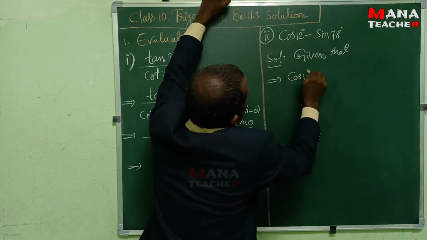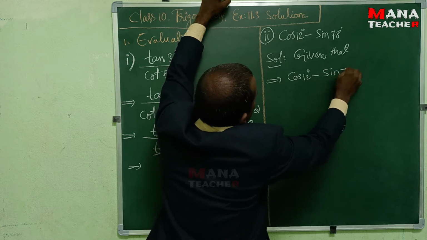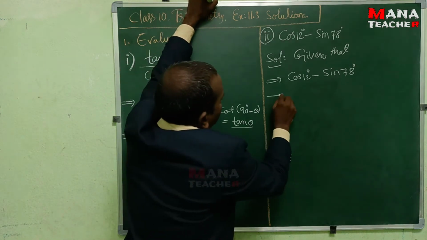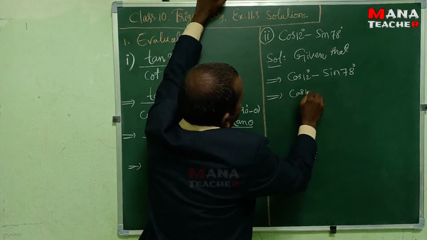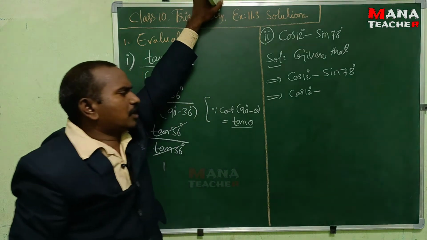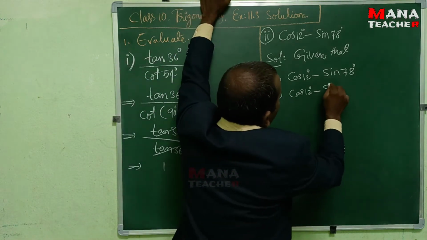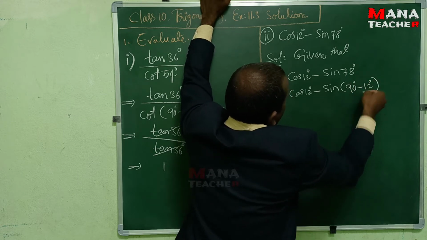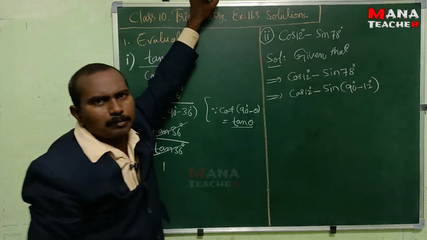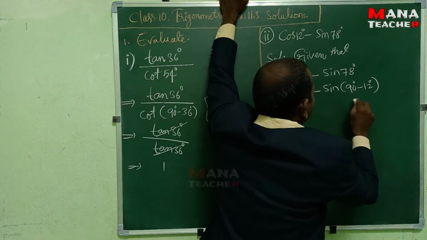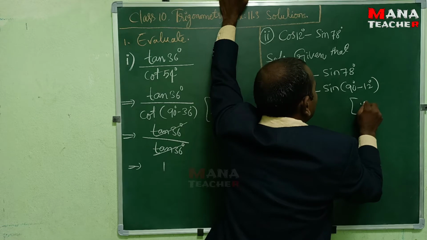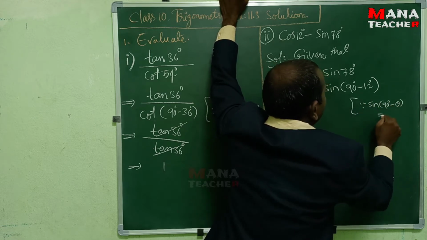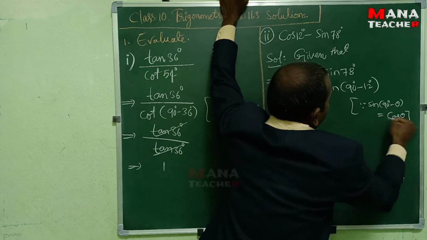Cos 12 degrees is written as the same, and sin 78 is written in the form of sin(90 degrees minus 12 degrees). Sin(90 minus theta) equals cos theta.